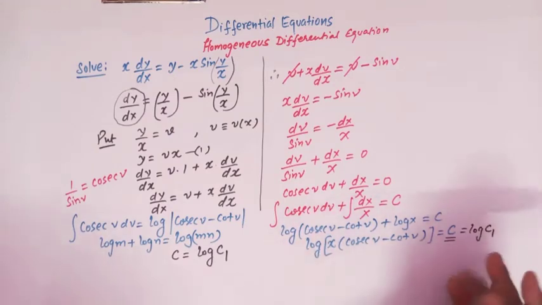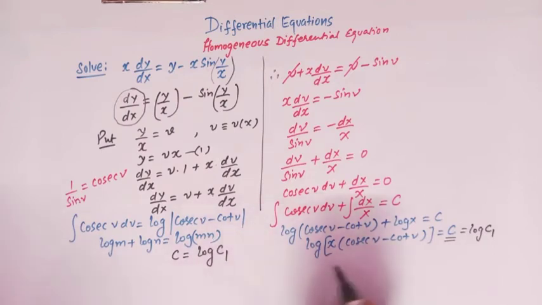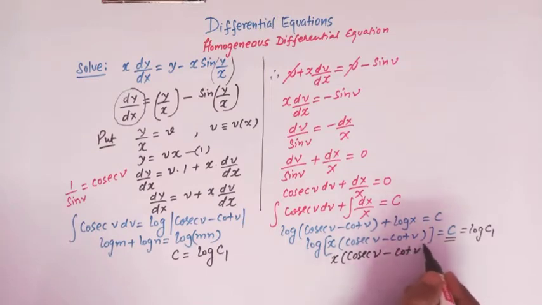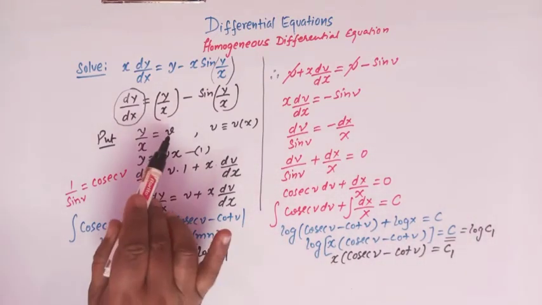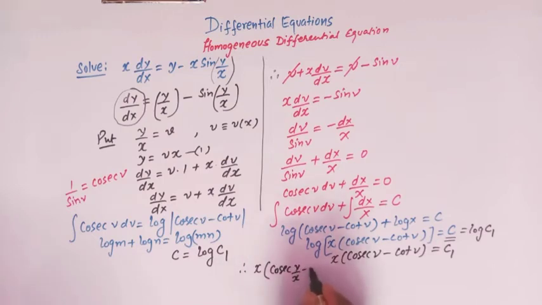Now we see that both the sides carry the log, hence taking the antilog, we can write x times cosec v minus cot v is equal to c1, where c1 is a constant. And now again replacing v by y over x, we have x times cosec y over x minus cot of y over x is equal to c1.